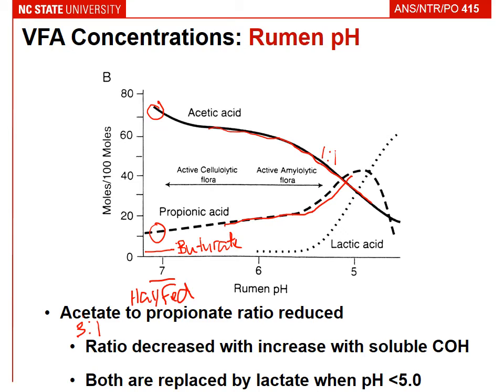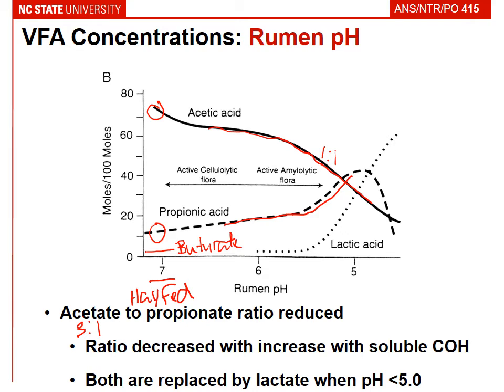Now, as we change those animals over, and let's say we put them over to a feedlot, our feedlot animals' diets typically contain about 60% concentrate, which is going to be more grains. So they have a lot of ground corn and steam-rolled grains, etc. So the more concentrate diets that we get, we're going to end up slowly decreasing the acetic acid.